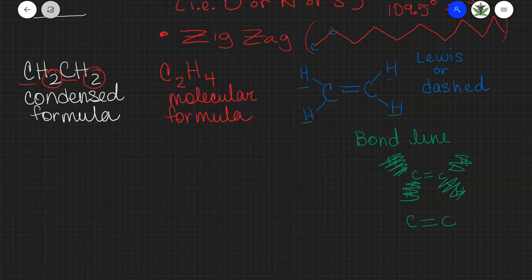But remember, in the bond line, we do not write carbons. So now we have to remove the carbons. So for the bond line, you would just have a double bond, or essentially an equal sign.